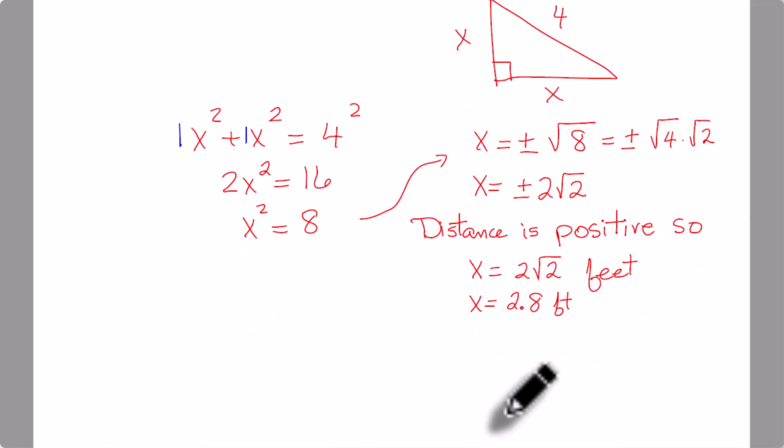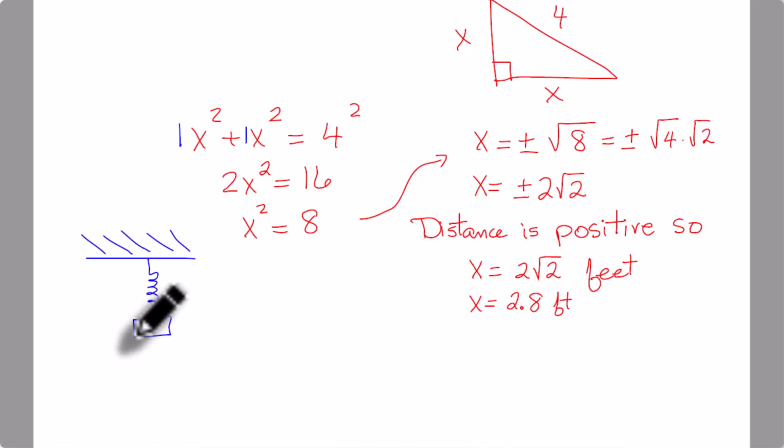Now, please don't think I'm saying you always keep the positive number, because in some physics applications, for example, supposing here's a wall or a ceiling, and I put a spring here, and I'm hanging a weight from it.